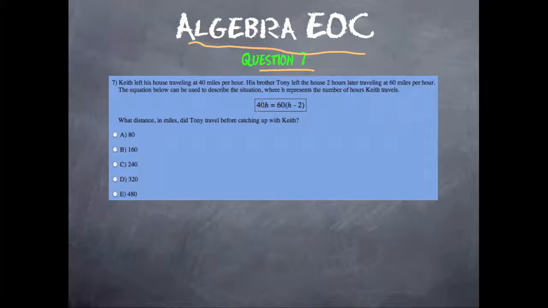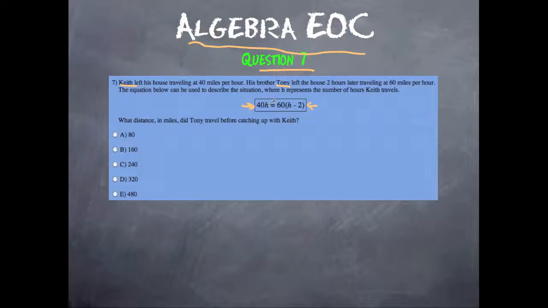So this equation shows us the distance that Tony travels and the distance that Keith travels. The 40h shows the distance for Keith, and the 60 times h minus 2 shows the distance for Tony.